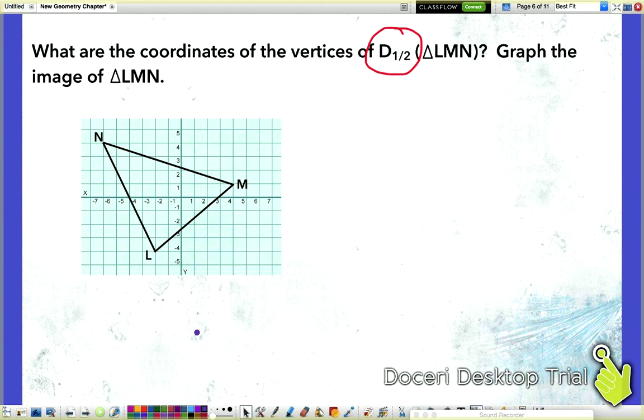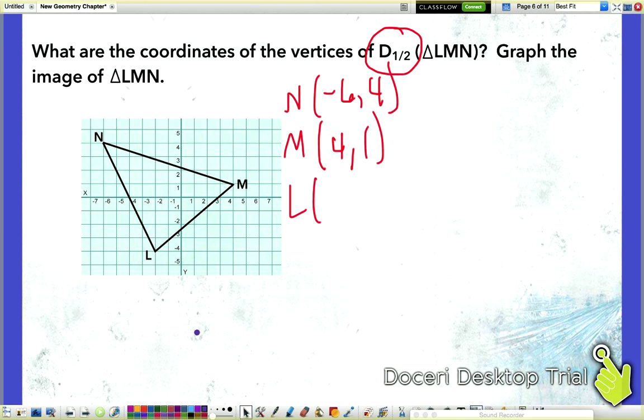Okay, so let's just write down our coordinates again. N is -6, 4. M is 4, 1.